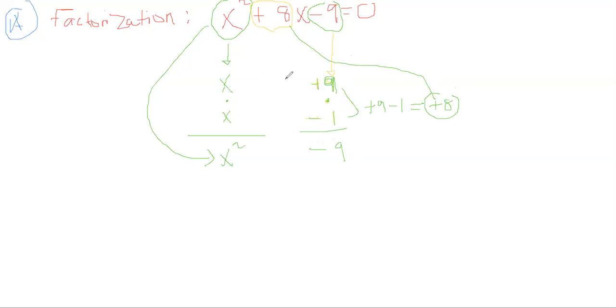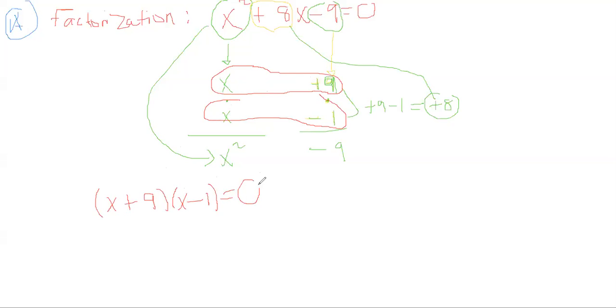So after doing this, we just have to collect these factors. So we will have x plus 9 in bracket, multiplied by x minus 1, equals to 0.